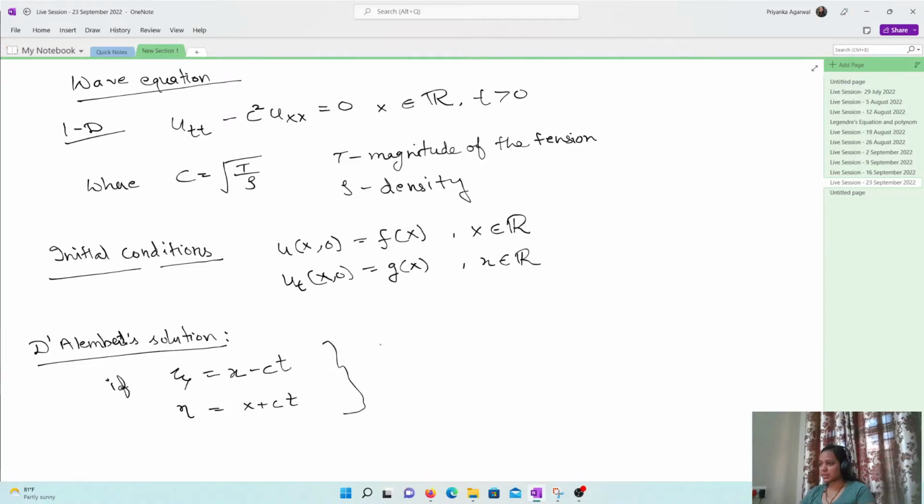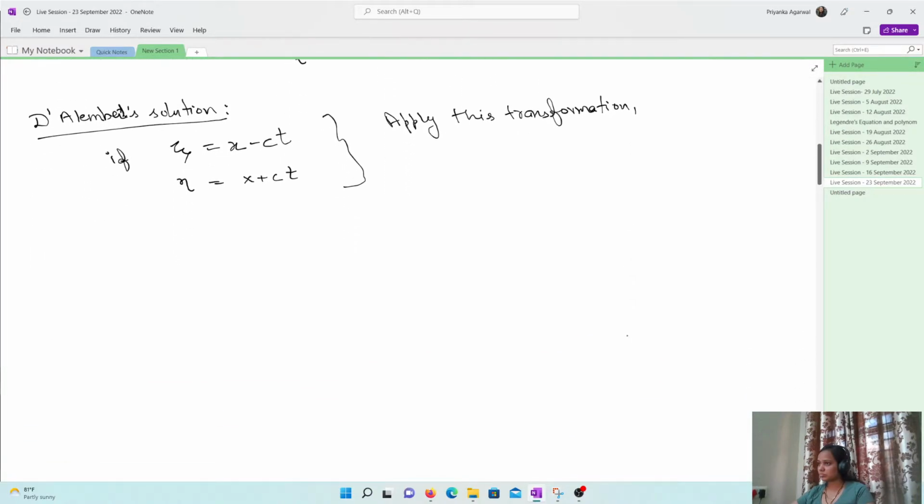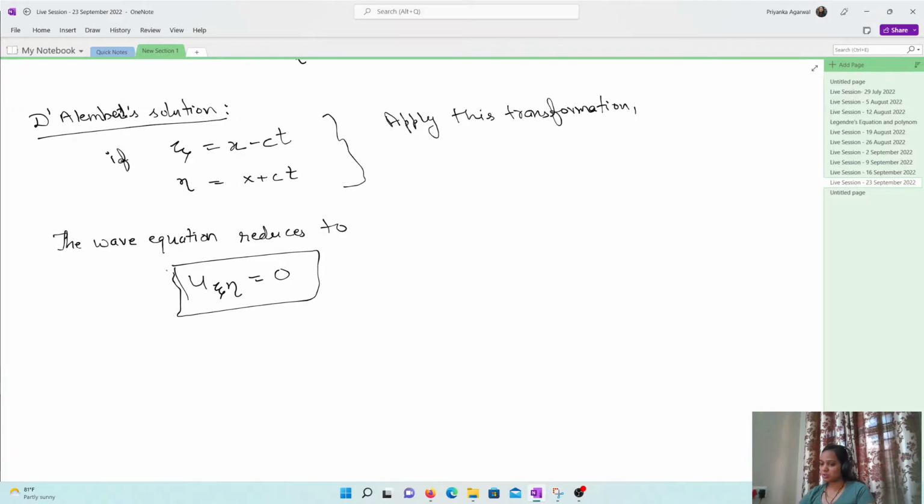And when we apply this transformation, the wave equation reduces to u_xi eta equals 0, and this can be solved.